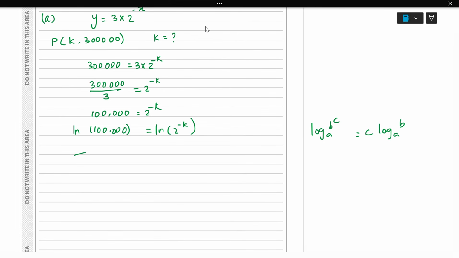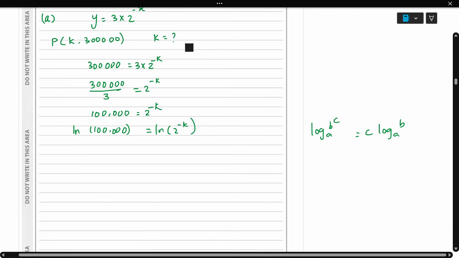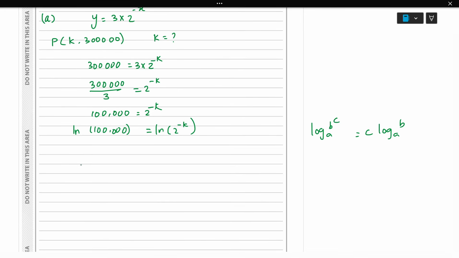So log 100,000 equal to minus k into log 2. Next, log 100,000 by log 2 equal to negative k.